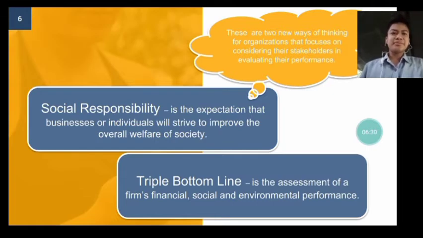So it is used to evaluate performance in broader aspects, such as social, environmental, and financial. Those dimensions are also called the three P's: the people, planet, and profit. People for social, planet for environmental, and profit for financial.